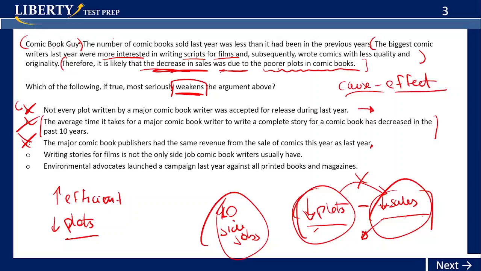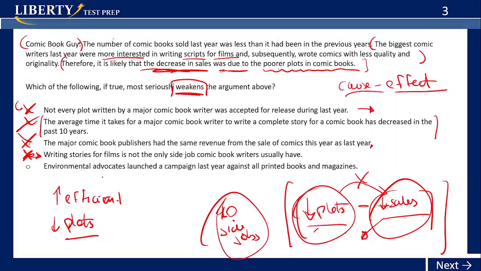That's not the conclusion. The conclusion is a relationship, a correlation between the decrease in the quality of the plot and a decrease in sales. And letter D doesn't say anything about the decrease in the quality of the plot or the sales. So that's not good. It's not analyzing the correlation between the cause and the effect.